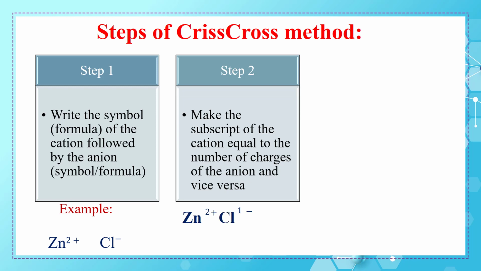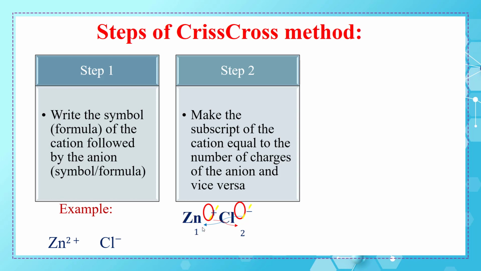So here I have Zn2 plus Cl1 minus. I should take the number of charges of cation and make it a subscript for chloride. At the same time, I should take the 1, which is the number of charge of chloride, and make it a subscript for Zn. Very easy process.